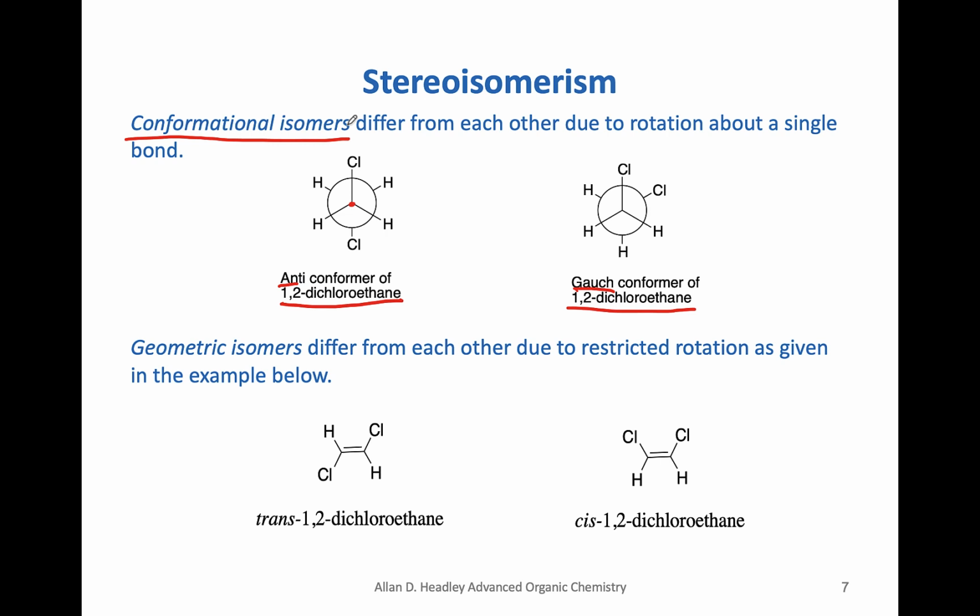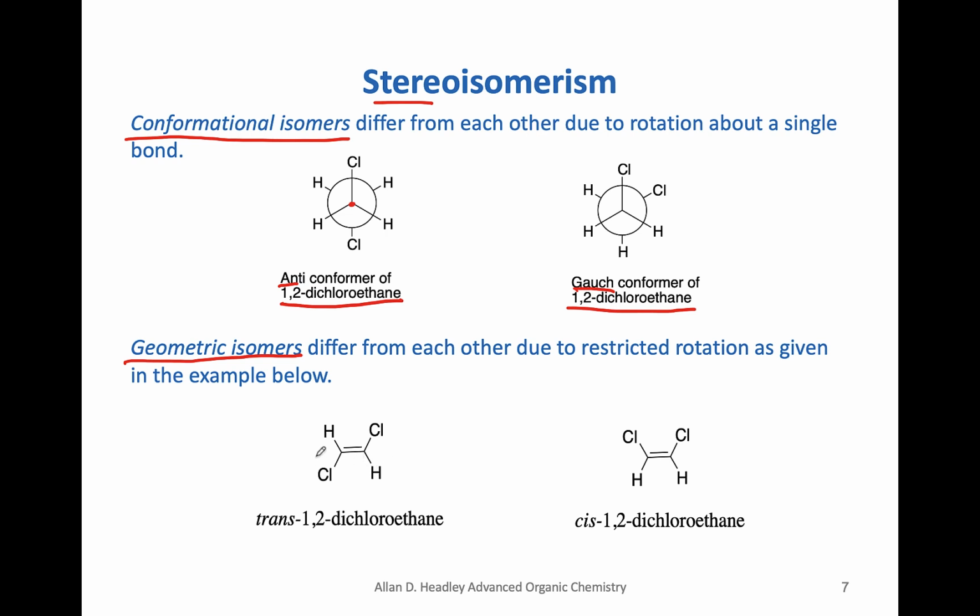Make sure that you remember these terms and of course the definitions, because we will be using these terms whenever we communicate. Another type of isomer is called the geometric isomer. Notice again it's an isomer and a stereoisomer because the atom to atom connections are the same. Chlorine, carbon, carbon, chlorine. Chlorine, carbon, carbon, chlorine. Same connectivity.